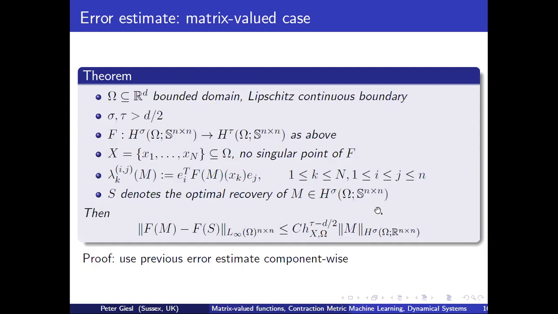Let me just also point out the slight disadvantage of these kinds of estimates. If we don't know m, then obviously we don't know this constant, and we don't know this constant either, but we basically know something about the order of approximation that we get.